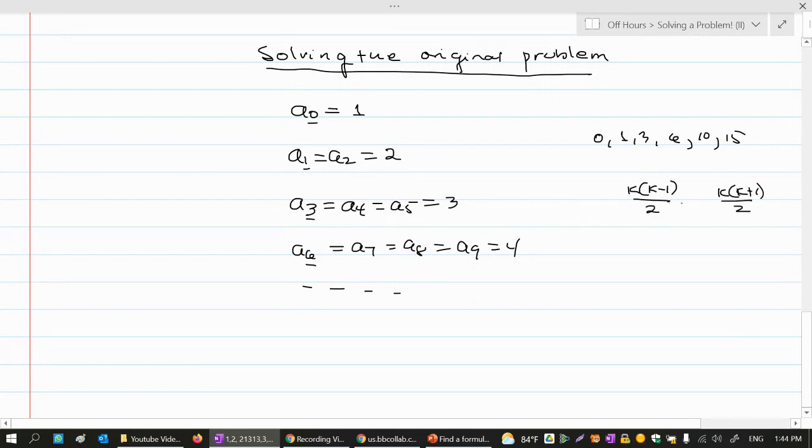So whenever n is in between the last number of one of these lists in the same row, here 6, when k is equal to 4, the value of k times k minus 1 over 2 is equal to 6. And when k is equal to 5, you get 5 times 4 over 2, which is equal to 10. But notice that the numbers here go from 6 to 9.